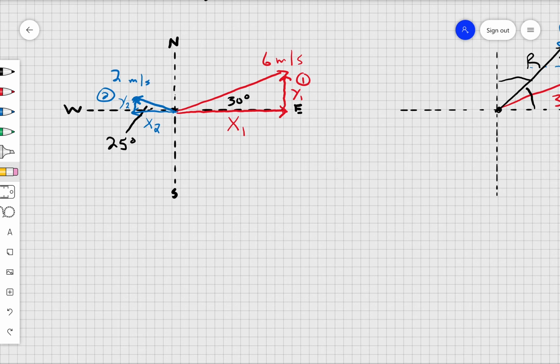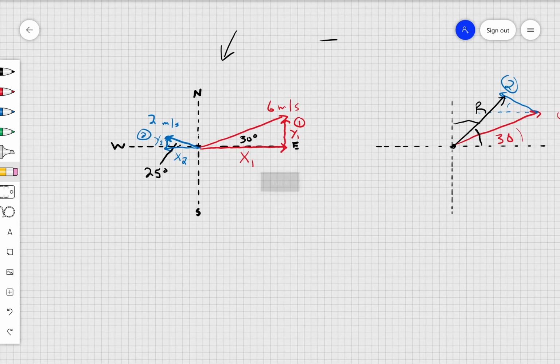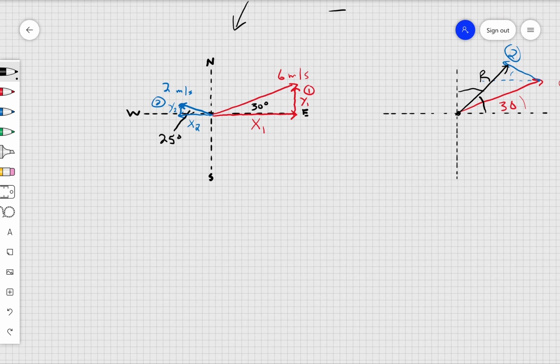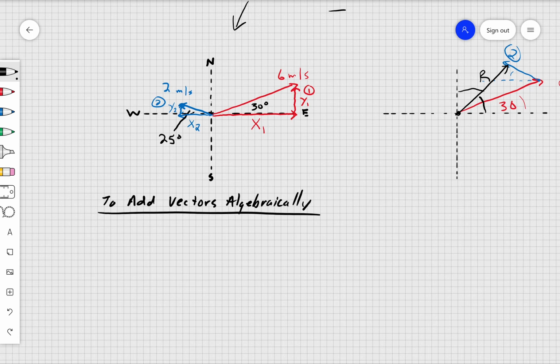So what we're doing, just to be clear, is we are going to add vectors algebraically. I don't know if that's spelled correctly or not, but there it is. To add these algebraically, the first thing we want to do is find the x and y components, and in this case I know the north, south, and east, west components of the vectors.